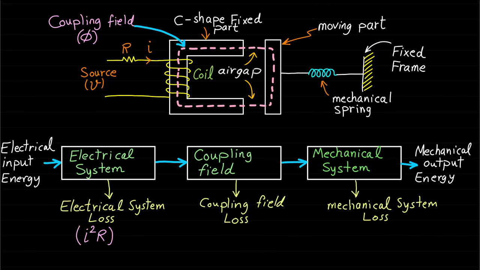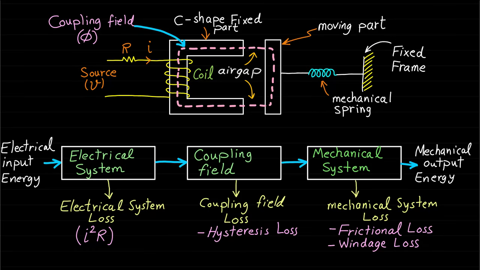The mechanical system loss is usually due to mechanical friction loss and windage loss. In the case of the magnetic coupling field system, the loss is due to magnetic core loss, such as hysteresis and eddy current loss that we covered in the first chapter.